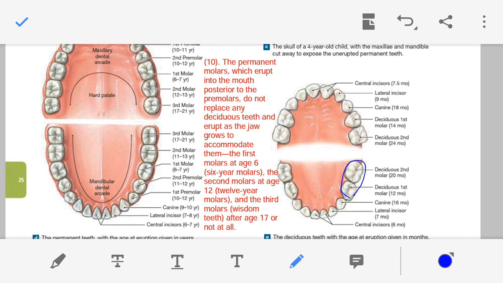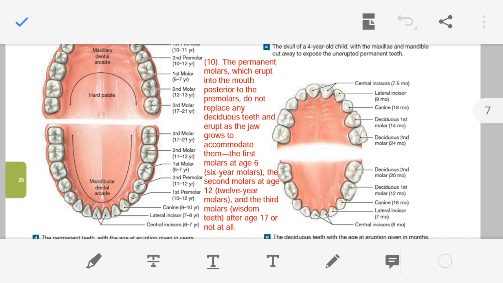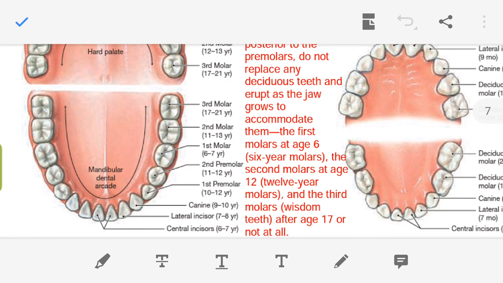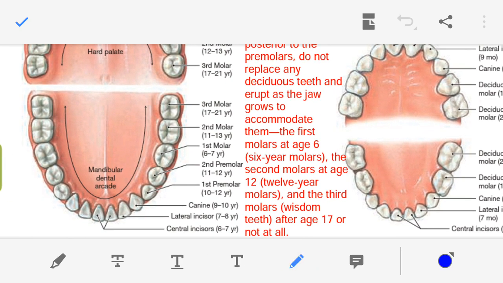these are the molars, and they are replaced by premolars. So in place of the child's molars, in the adult we have the premolars.